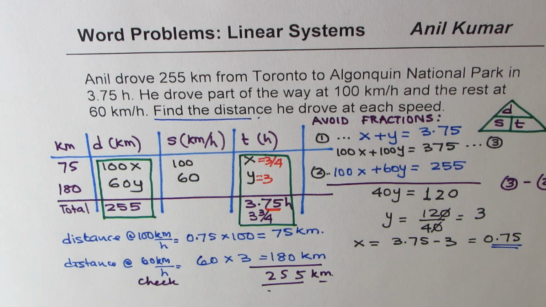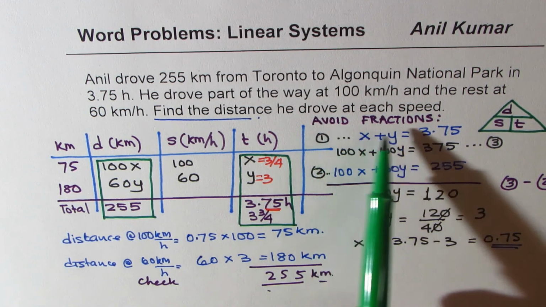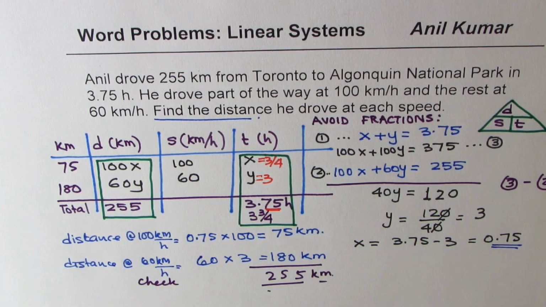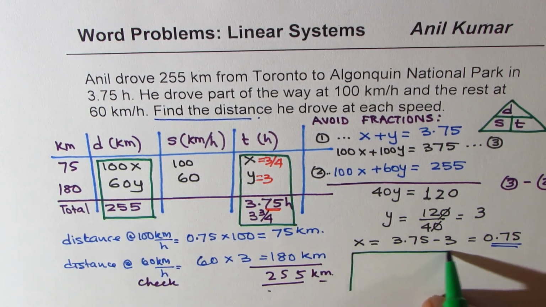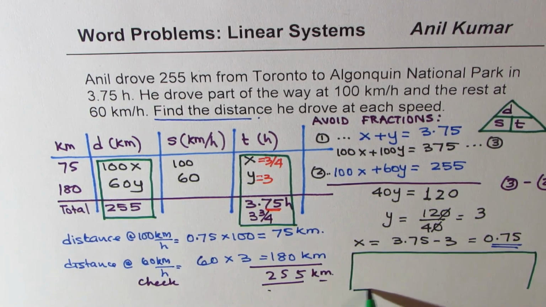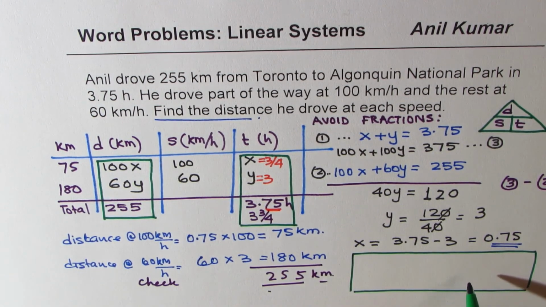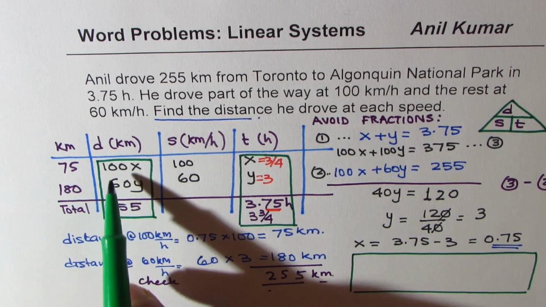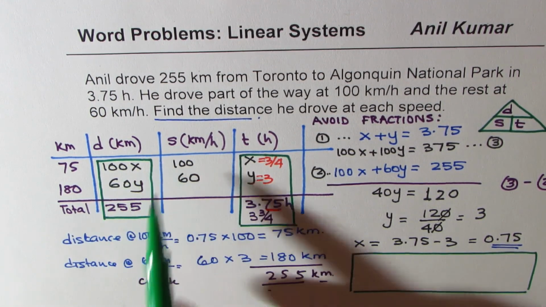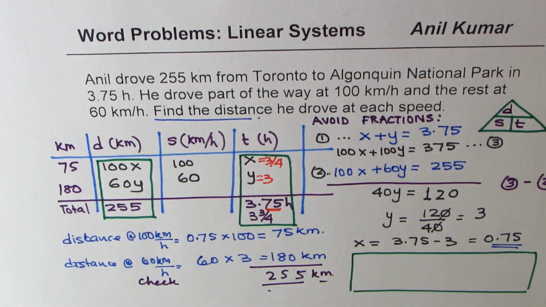So I'd like you to pause the video, try to understand how we totally avoided fractions to solve our equation, which could be difficult, right? So what did we avoid? We avoid fractions. If you define distance as x and y, you may land up with equations with fractions, which we avoided, right?